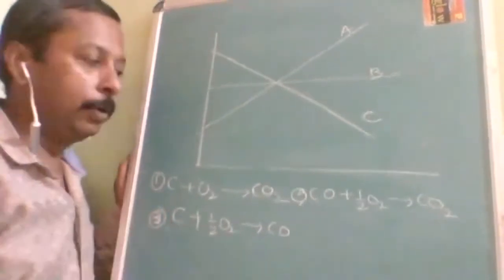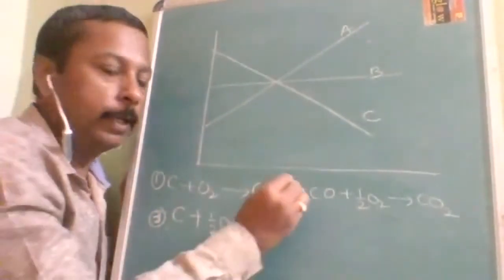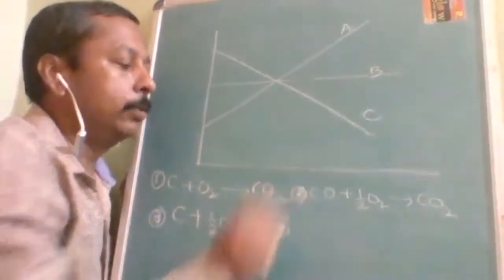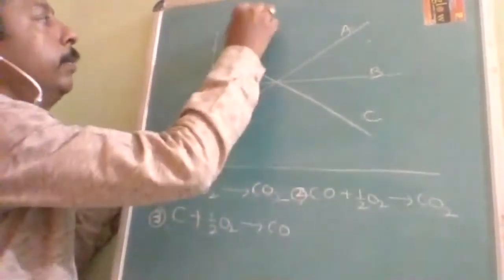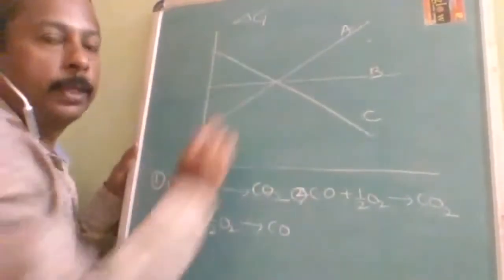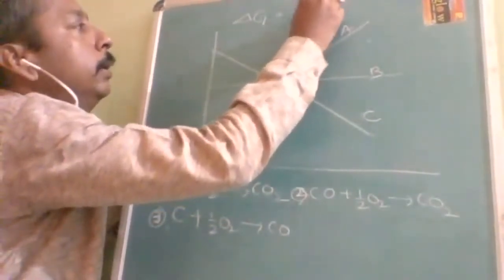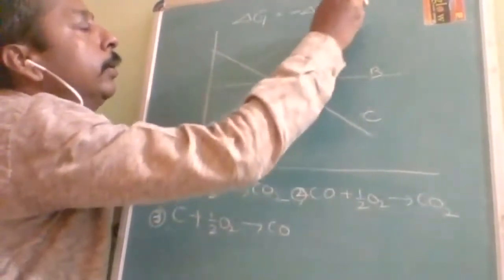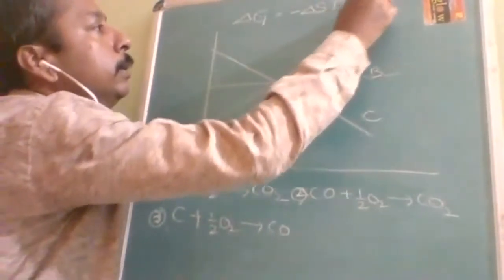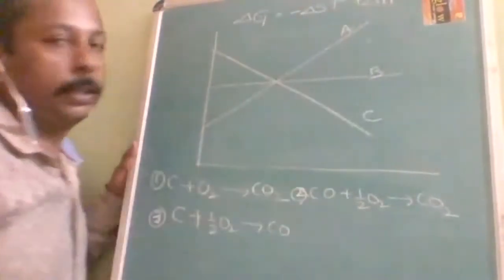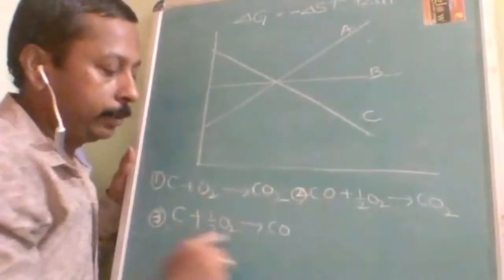What you have to do? Identify them. Which graph corresponds to what? As I told you, this is based upon delta G is equal to minus T delta S plus delta H. Okay, so all are combustion reactions only.